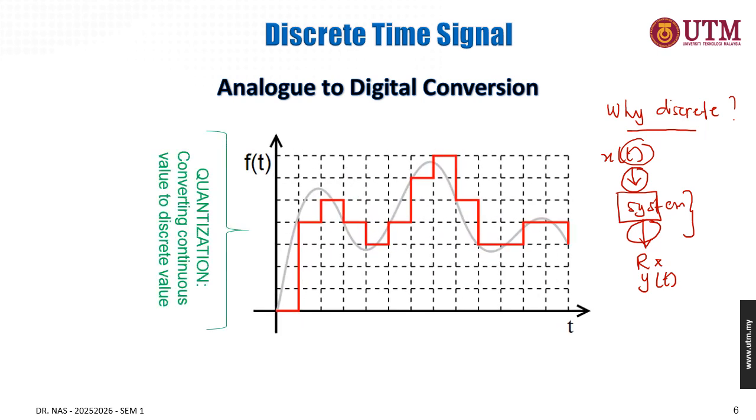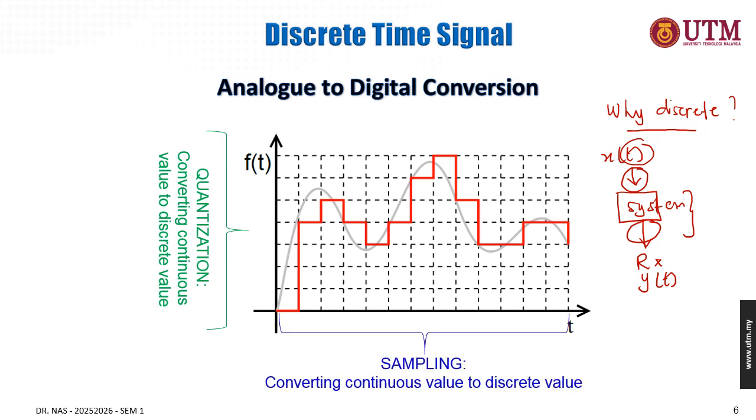So this is how the analog signal is converted into digital. Firstly, you can see that the gray graph is the input signal in T, continuous time, and then the signal will be quantized. Quantized means it is divided into multiple levels. The more levels, the better the signal, because it can resemble the original shape of the input signal more closely.